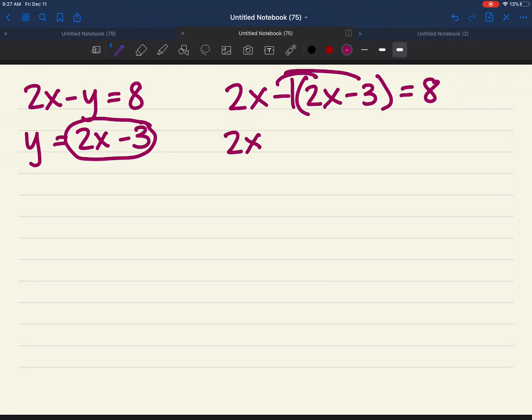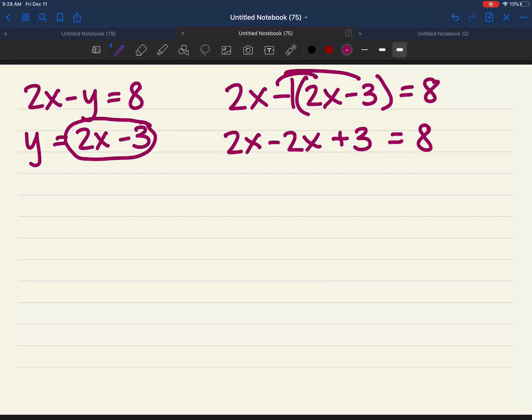So, Jordan, what do you get when you distribute -1? Negative 2x, positive 3, and equals 8. Good.